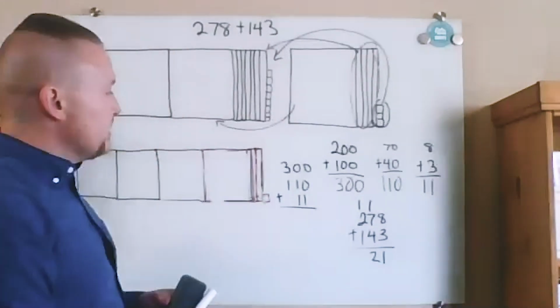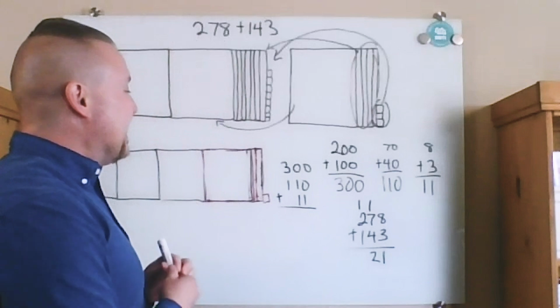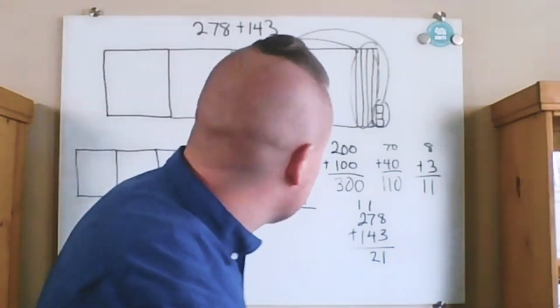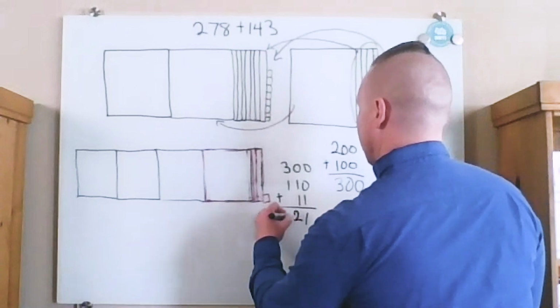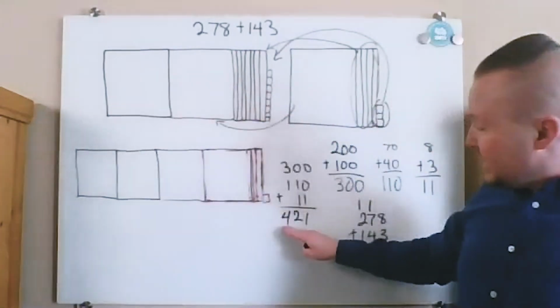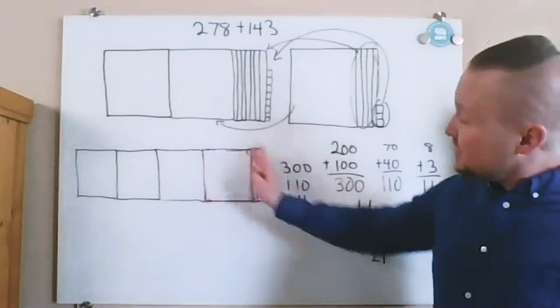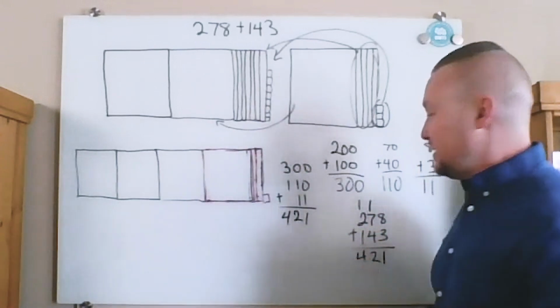And again, we describe it as composing a new unit of 100. And then if we put those partial sums back together, we can see that when we started with only 300s, we actually end up with 400 because we got that extra 100 from the 10s.